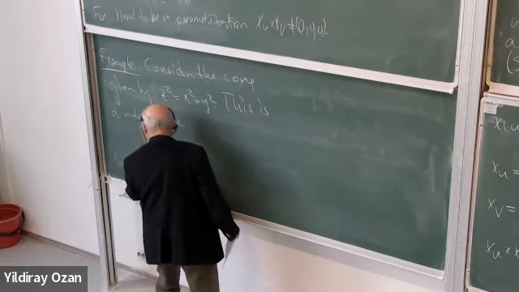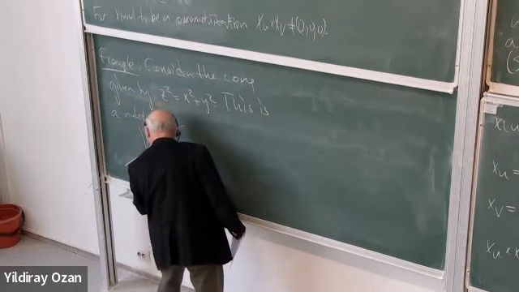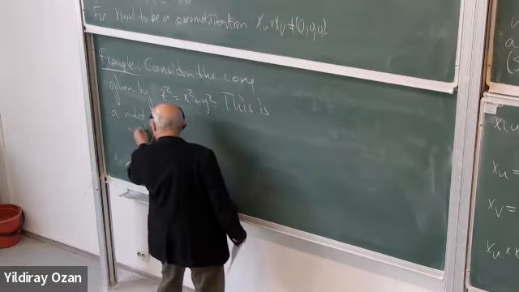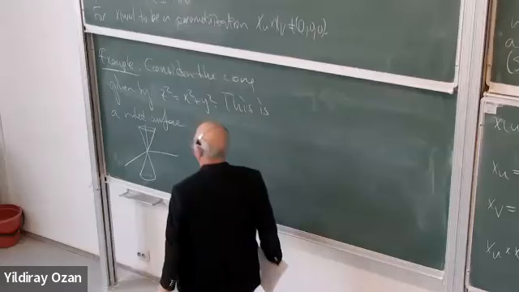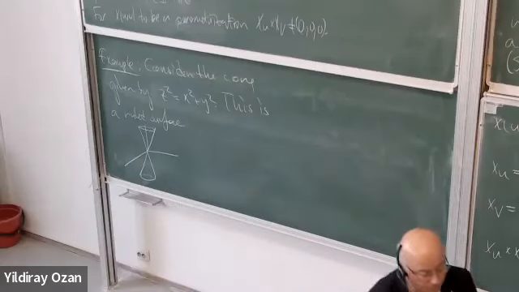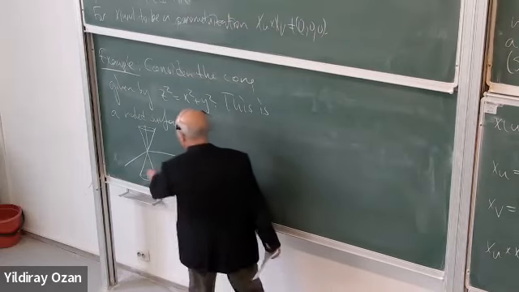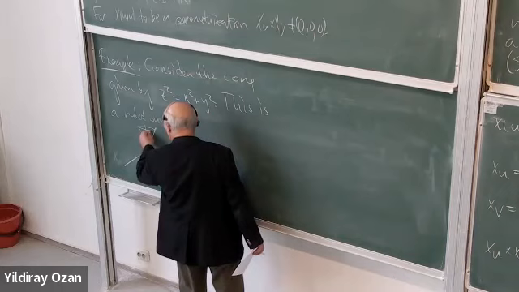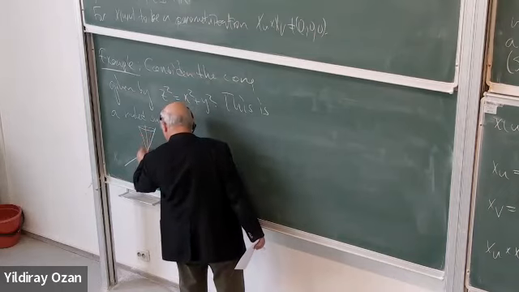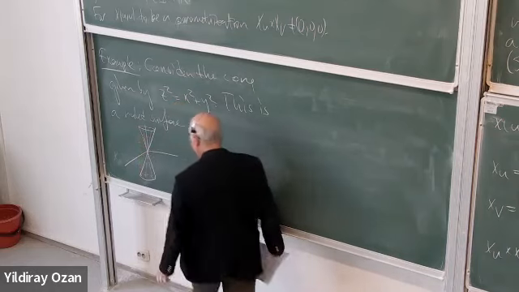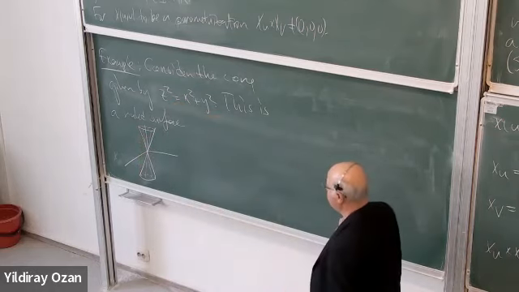This is how it looks like. What are the lines? Lines are just lines through the origin on this cone, right? These are the lines, right?